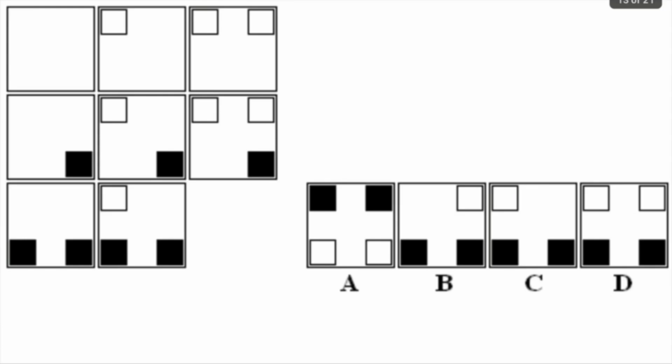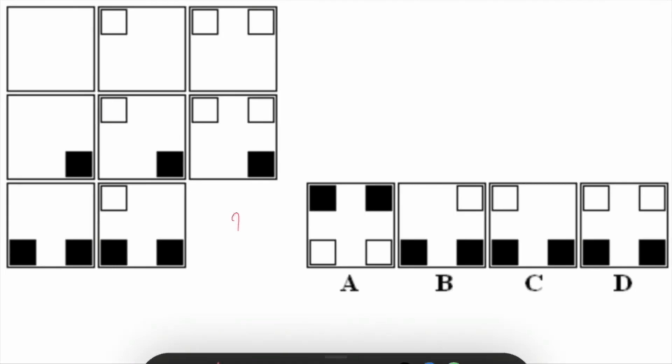In this question we have a lot of data and pieces of information. We have around 8 boxes, and we need to find the one that can logically complete the boxes, and we come with the 8th box.